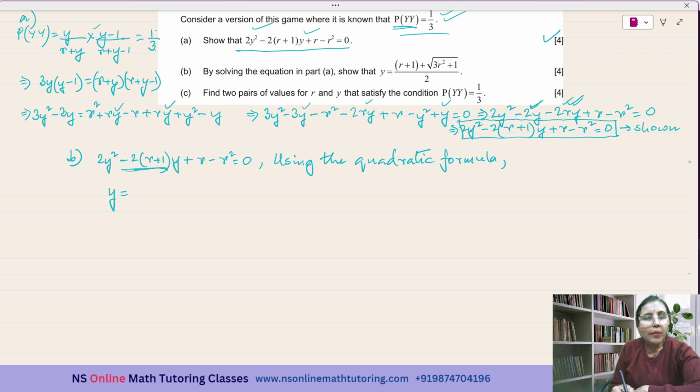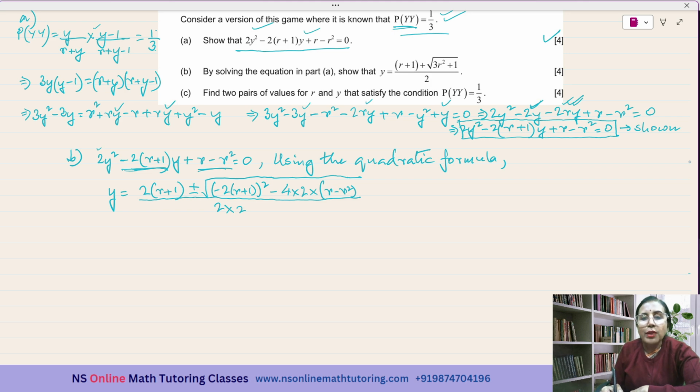So minus b will be its positive counterpart. Okay, so it is 2 times r plus 1, minus b, plus minus square root of b square. So it is minus 2 and r plus 1 whole square, minus 4 times a is 2, c is this whole portion, r minus r square, over 2a is 2.